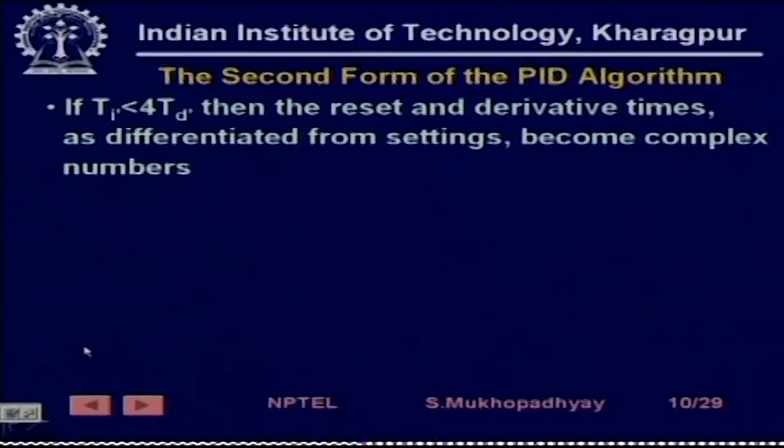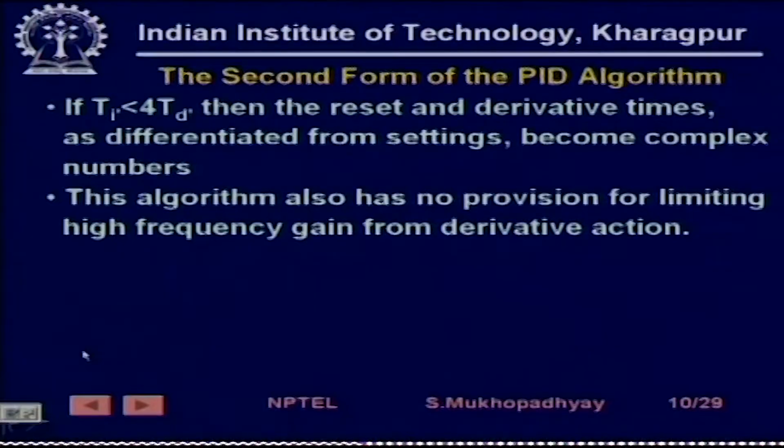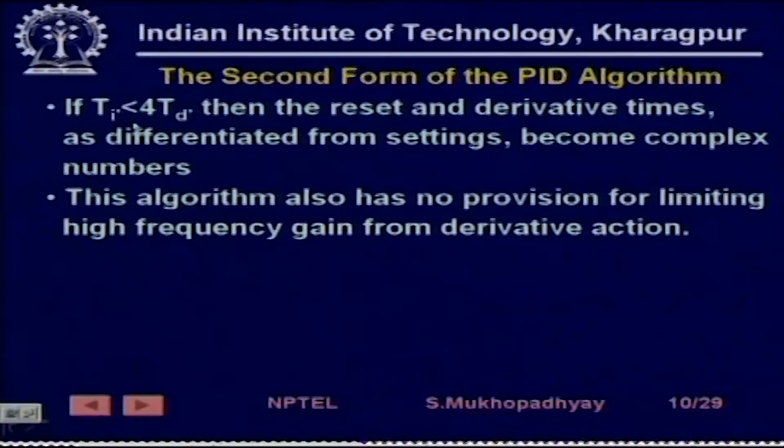In fact, interestingly, sometimes you get absurd readings. For example, if you set some value in the second form where Ti dashed is less than or equal to 4 Td dashed, you actually cannot set it in the first form, because if Ti dash is less than 4 Td dash, then Ti and Td values are complex. You won't get real numbers Ti and Td which will be able to realize this. So, you see the first form is somewhat constrained.